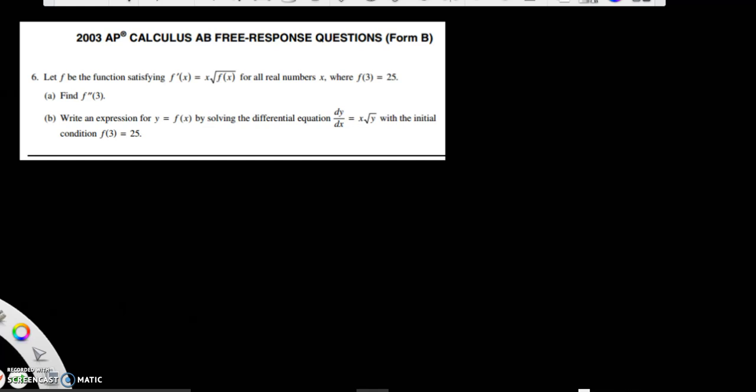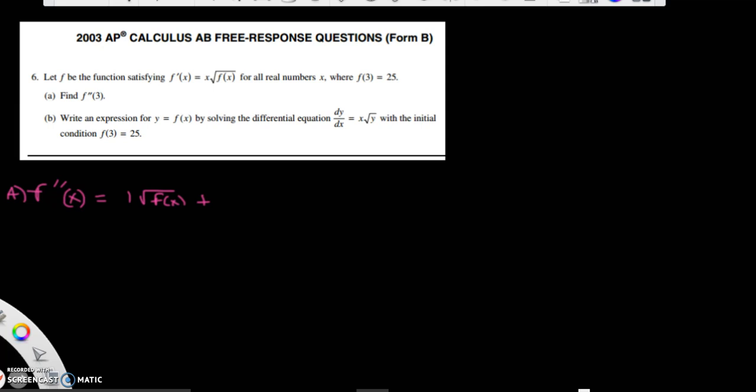Okay, so we need to take the derivative of this. So f double prime of x is going to equal the derivative of the front, which is 1, times f of x, plus now we have to do the derivative of the inside.